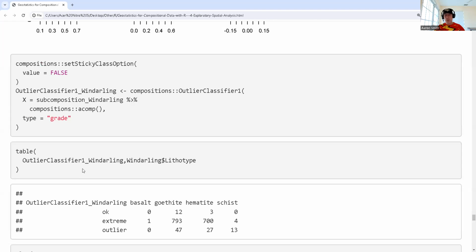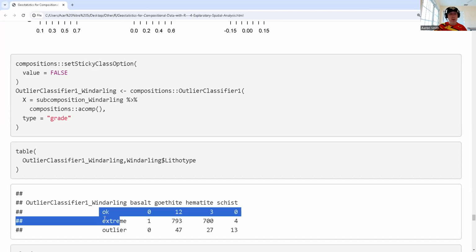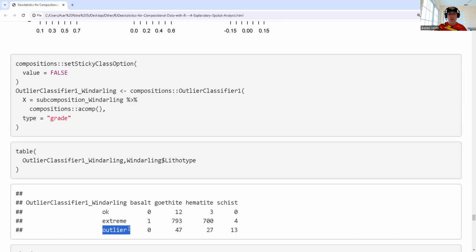What the authors do in the textbook is they take the one categorical column in the data set and they take a look at the outliers versus that one categorical variable. We're dealing with soil samples, so the lithotype is going to be important to us. And so I've got OK, extreme, and outlier. I believe this one is different than what the textbook gives.